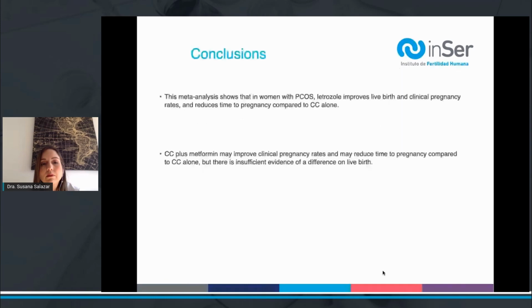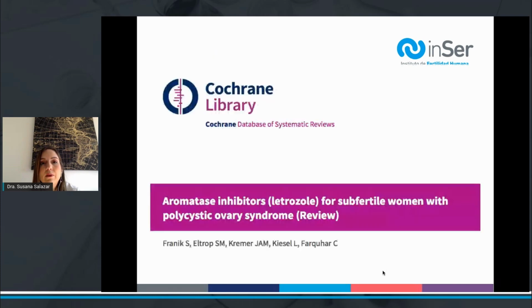Conclusion: this meta-analysis shows that in women with PCOS, letrozole improves live birth and clinical pregnancy rate and reduces time to pregnancy compared with clomiphene alone. Clomiphene plus metformin may improve clinical pregnancy rates and may reduce time to pregnancy compared to clomiphene alone, but there is insufficient evidence of a difference on live birth.